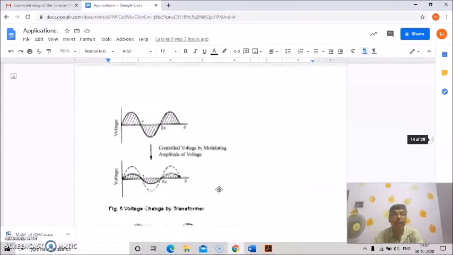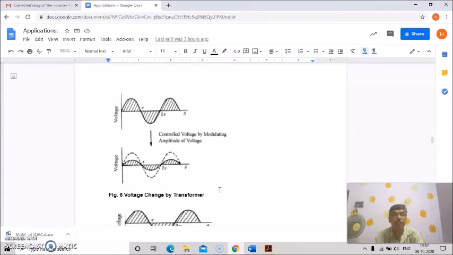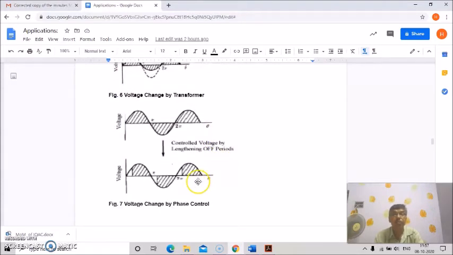Then we showed the voltage change by transformer, that is controlling voltage by modulating the amplitude of voltage. Then voltage control by phase control we have discussed, and this is the graphical representation of the waveforms.